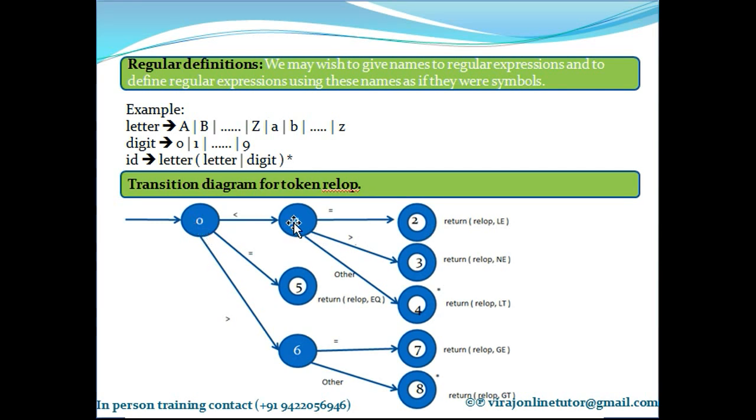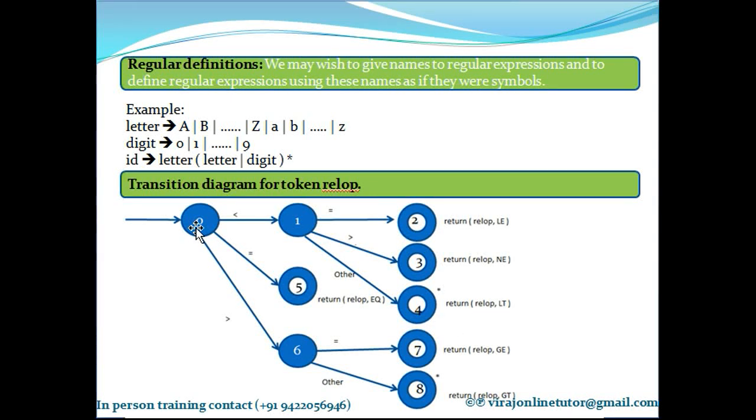After getting less than, if the next character is greater than sign, the lexical analyzer tells the parser that the less than greater than combination is a relop token and it is not equal to. After less than sign, if some other character comes up, then there is an asterisk mark on this state. That means move your pointer one location left, that means skip this particular extraneous character, and return to the parser that it is a relop token and it's a less than.